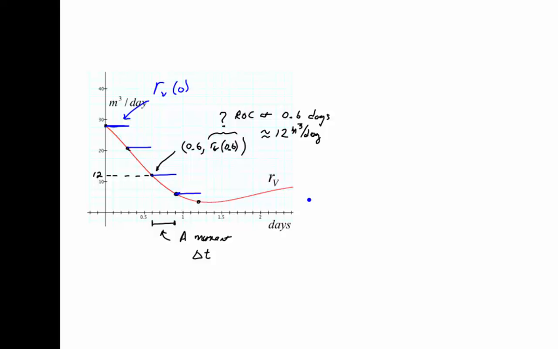Okay, and then let's do one more, even if you didn't do it. So now we have the fifth moment. What's the rate of change at the start of the fifth moment? R sub v of 1.2. And that would be the constant rate for that whole moment.